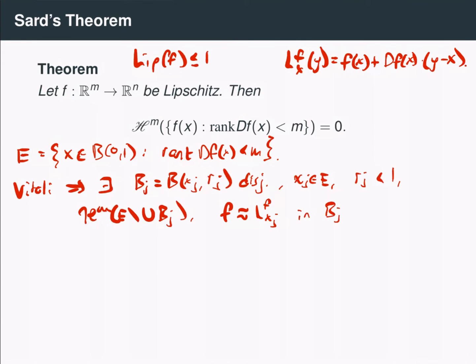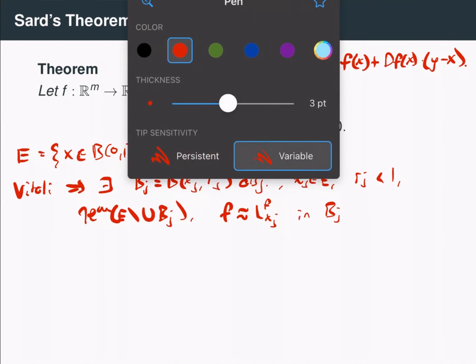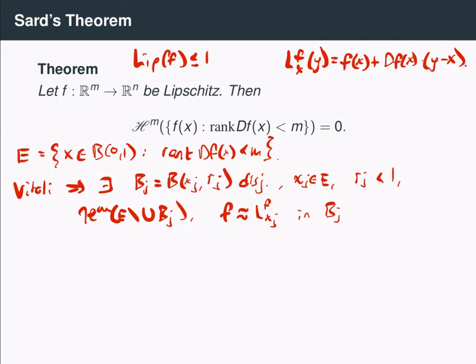So in other words, what this means is that the difference between f and its linear approximation divided by the radius of the ball is less than epsilon inside the ball B_j, for some epsilon that I'm going to set to 0 later.